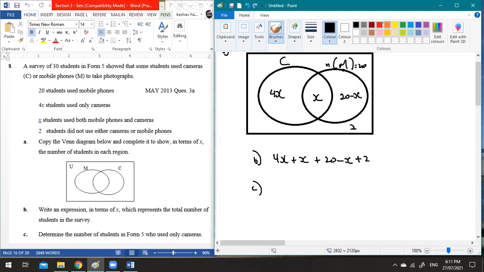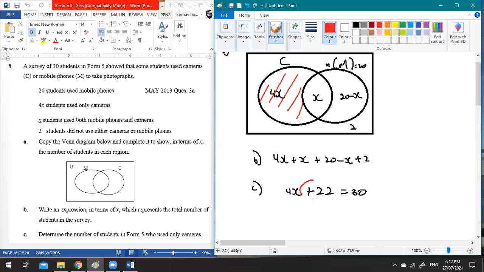So basically, they're asking us to solve for here, which is 4x, right? Now, if we were to simplify it, we'll have 4x, and this x is 5x, take away x, we'll come back to 4x, plus 20 plus 2 is 22, and we know it's equal to 30 students.